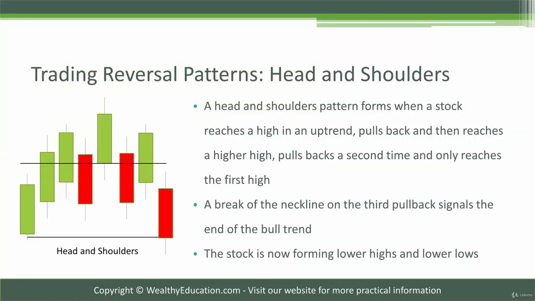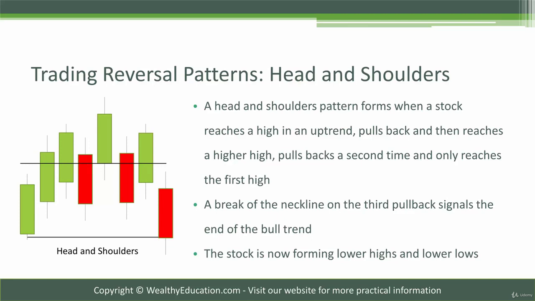In a head and shoulders pattern, a stock is in an uptrend, it reaches a high, pulls back, and then reaches a subsequent higher high. At this point, the uptrend is intact as we're making higher highs and higher lows. The stock then pulls back a second time, attempts to make another high, and is only able to climb as high as the first high in the pattern.